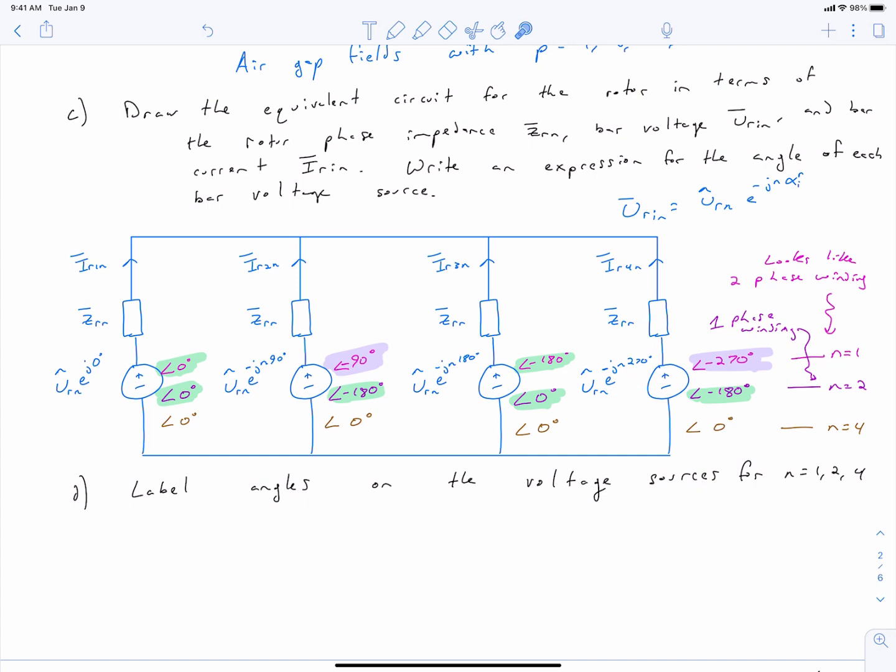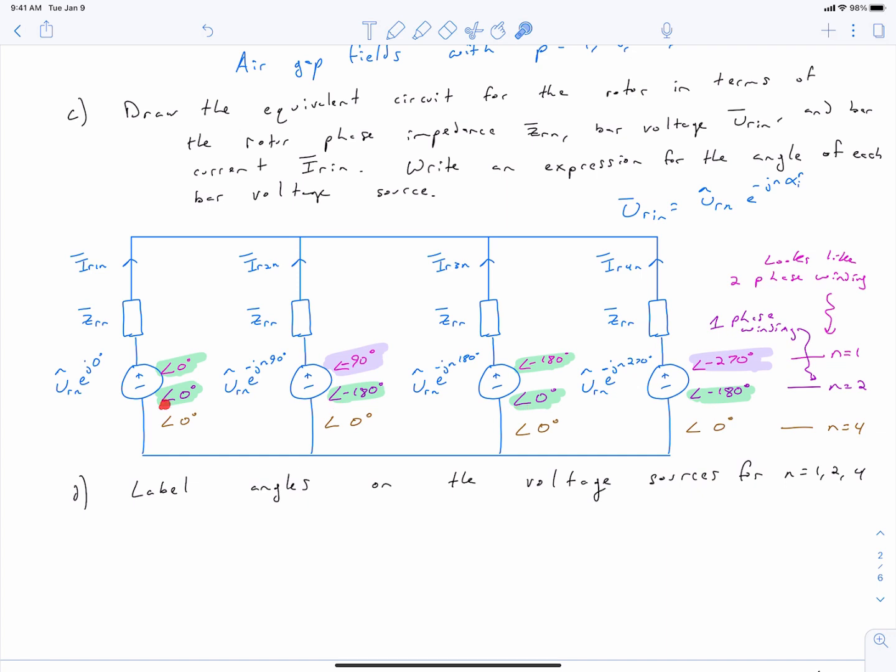And similarly, I've color-coded 2 and 4 because they also are 180 degrees out of phase. So effectively, at this harmonic, it looks like we have a two-phase winding where the coils are arranged so that they form full pitch coils. And we can observe a similar phenomenon for n equals 2, only now it's like we have a single phase because coil side, or bar, 1 and bar 3 are completely in phase. Bars 2 and 4 are completely in phase.